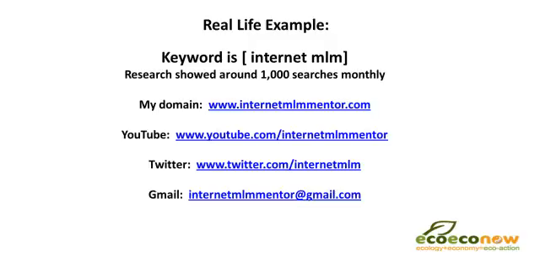So I did keyword research and found the word [Internet MLM], and when it's in brackets like this, and I'll be talking about this in the training, that means it's an exact search. In other words, that exact term, phrase, Internet MLM, was being typed in about 1,000 times a month on Google.